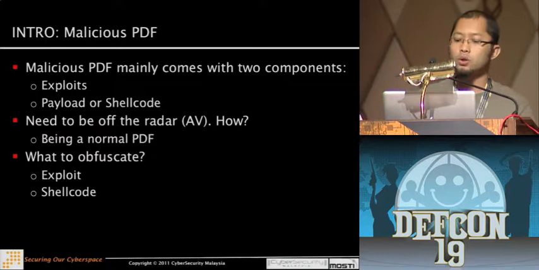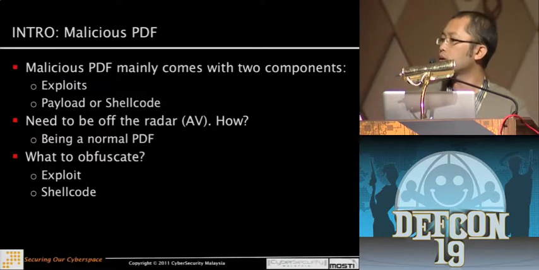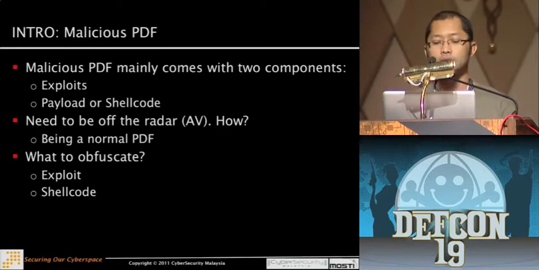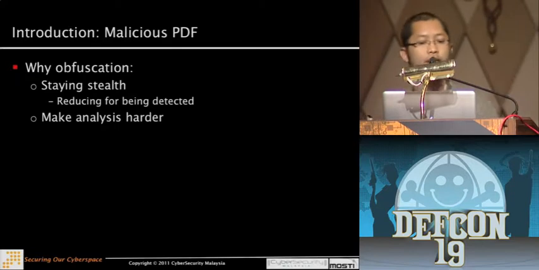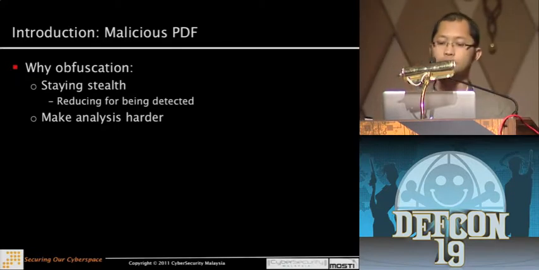Of course, what you want to obfuscate depends on what kind of level you want to go. Normally, people just obfuscate the exploit, or people want to obfuscate the shellcode. But these two main components will need to be obfuscated. Why are you obfuscating this? Obviously, you want to stay stealthy, reducing the chance of being detected.